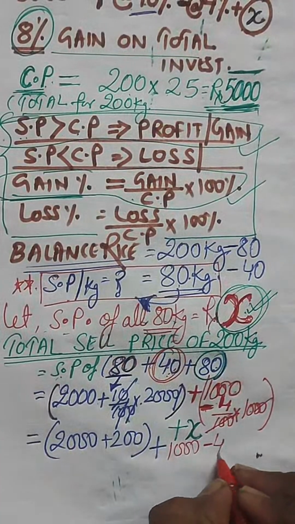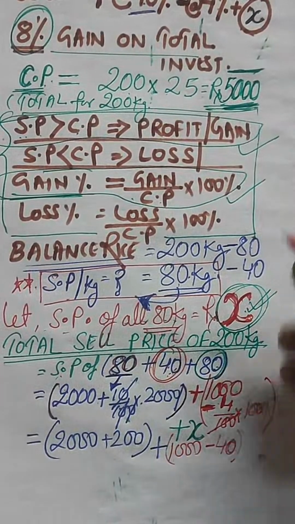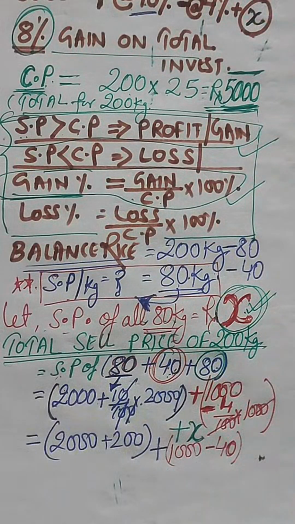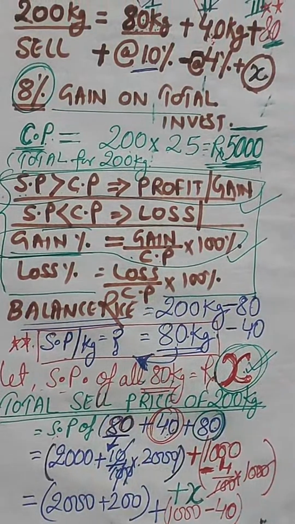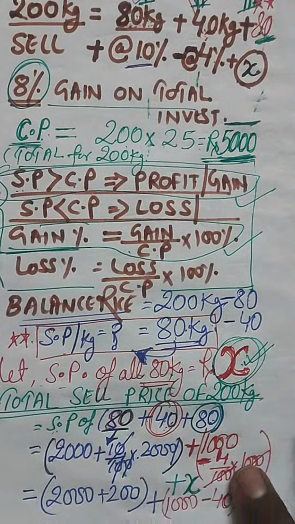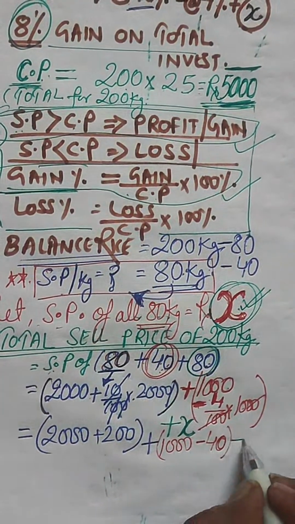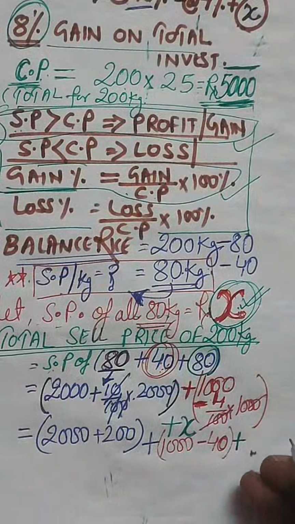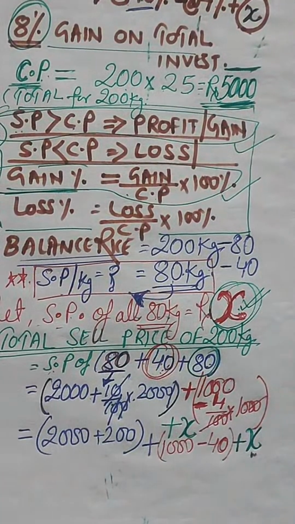So 1000 minus 40 will be the selling price for the second part, this 40 kg, right? On this 40 kg he is making a loss, so this is subtracted. Now for the last third part, the 80 kg, we already considered the sale price as x, so just add it over here.